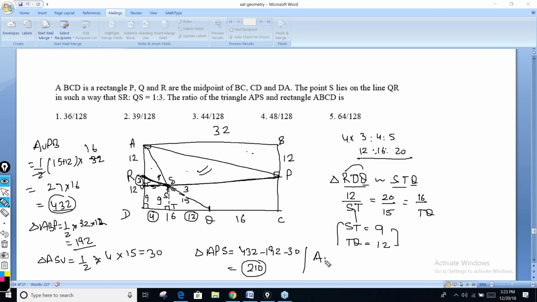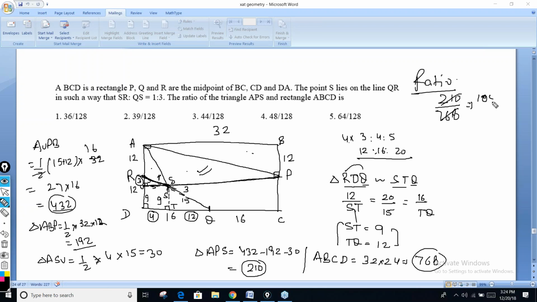And the complete area of ABCD is 32 into 24. That is 768. So what is the ratio? The ratio is 210 upon 768. So it will not be cancelled with 4. It will not be cancelled with 7 also.